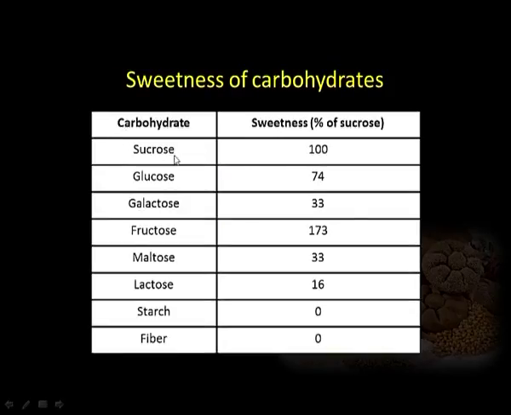Sucrose, which is the most commonly used sugar at our home, if it is given a value of 100, then in comparison to it, glucose is 74, meaning glucose is less sweet than sucrose. Galactose is much less sweet, it is 33, but fructose is sweeter than sucrose, it is 173. If the value for sucrose is 100, it is 1.73 times sweeter.